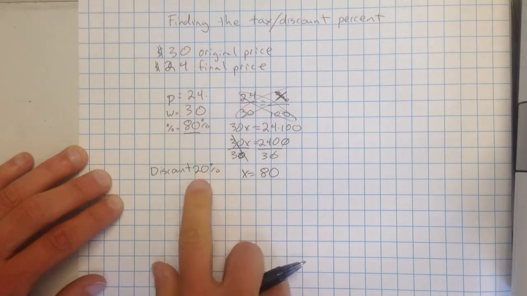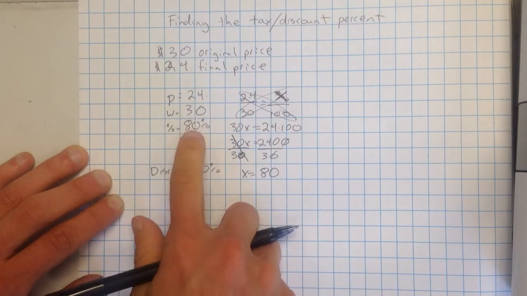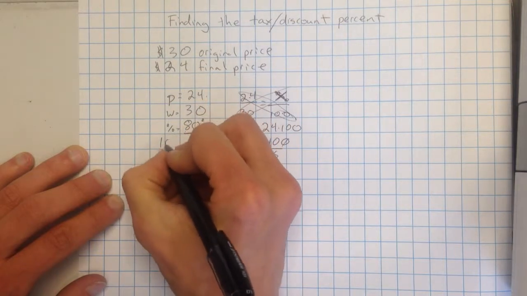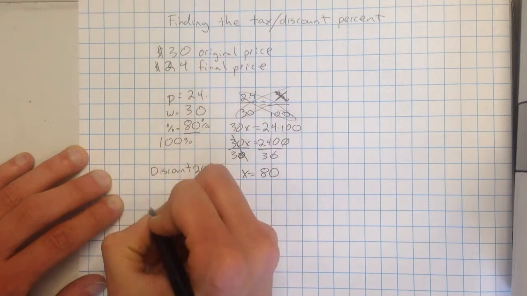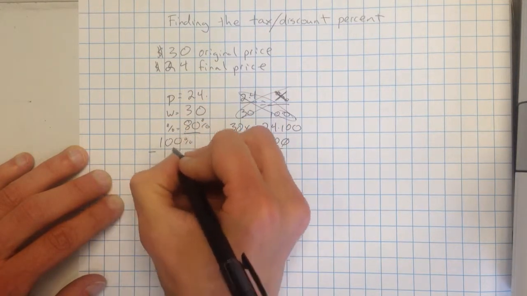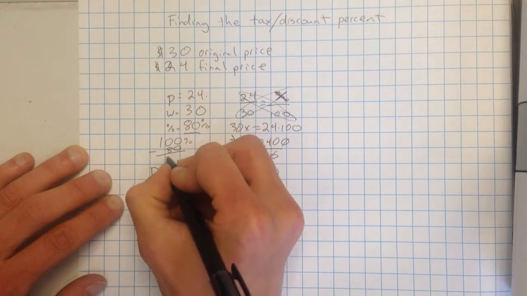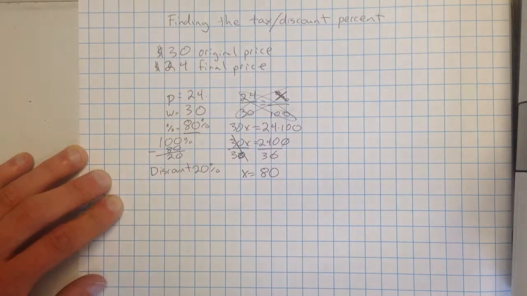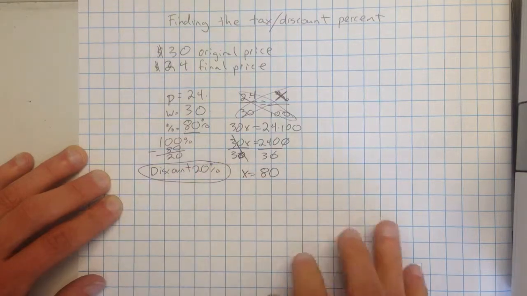I can think about that discount as 20% because if we start with 100%, that's the original amount, then we paid 80 of it, that leaves us with 20% that we did not have to pay, or a discount of 20%.